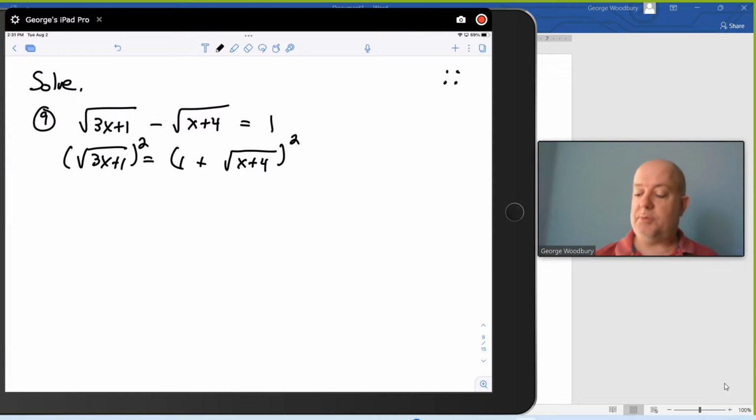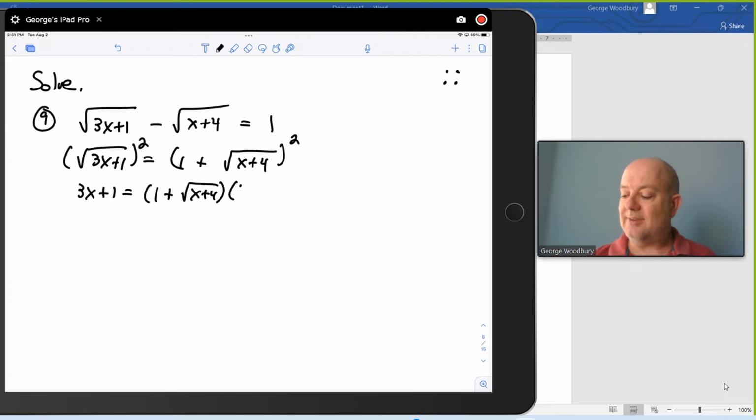The left side just becomes 3x plus 1. On the right-hand side, we have to multiply that binomial, 1 plus the square root of x plus 4, by itself. And we're going to use that FOIL style multiplication, distributing. We still have 3x plus 1 on the left.